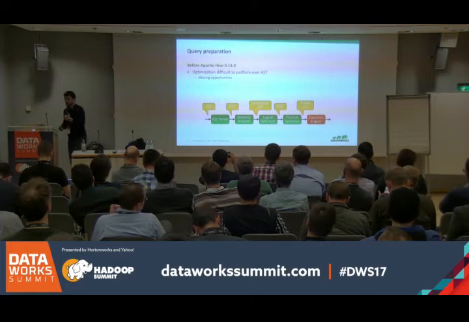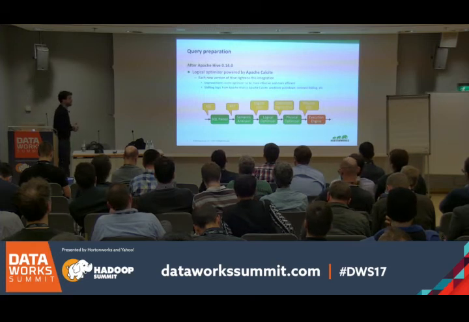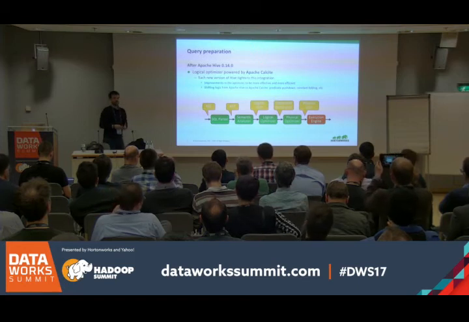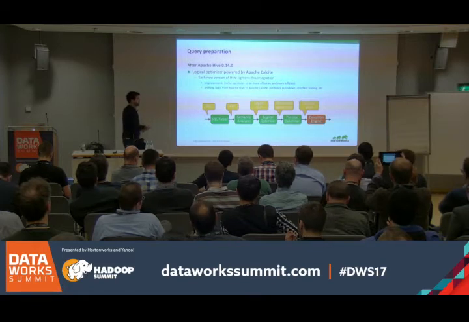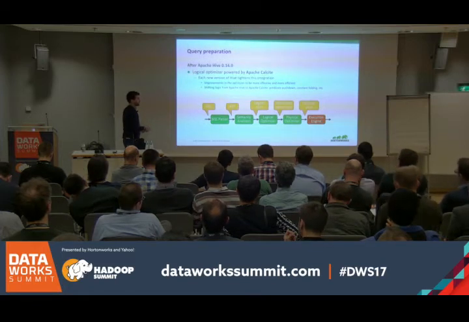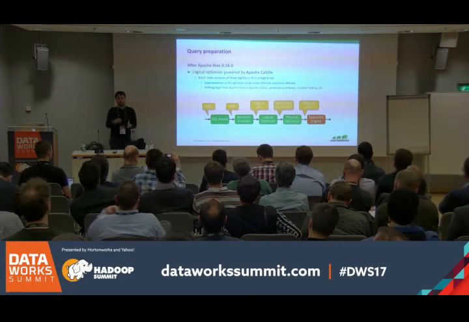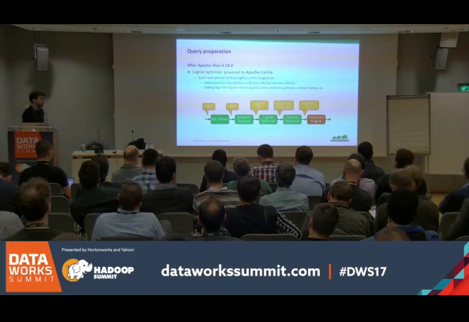Now, after Apache Hive 0.14, all this changes, because the logical optimizer is introduced, and it is powered by Apache Calcite. So what you will have now is your AST, but afterwards you generate a logical plan on which you will apply logical optimizations, and from there you go to a physical plan that will be executed.